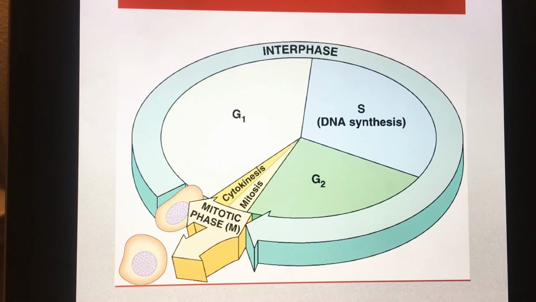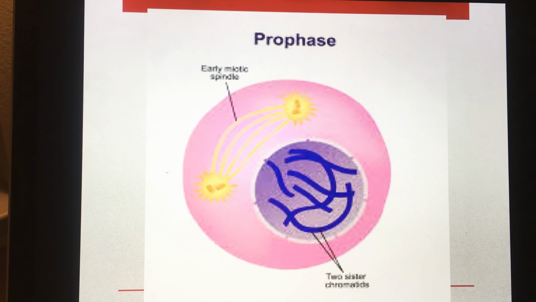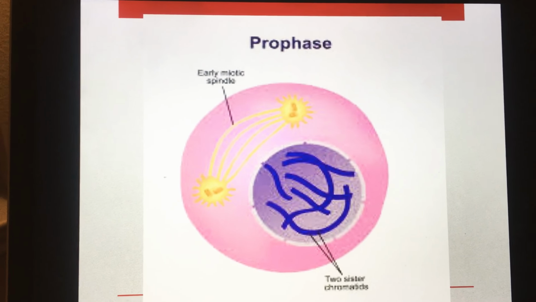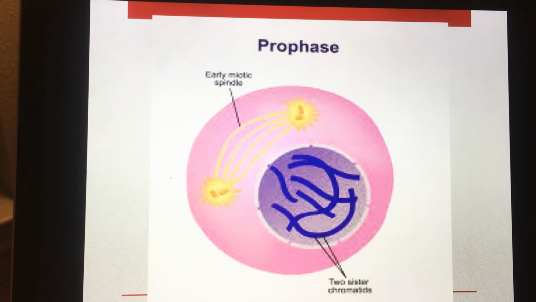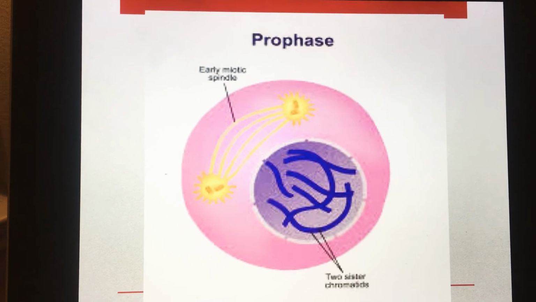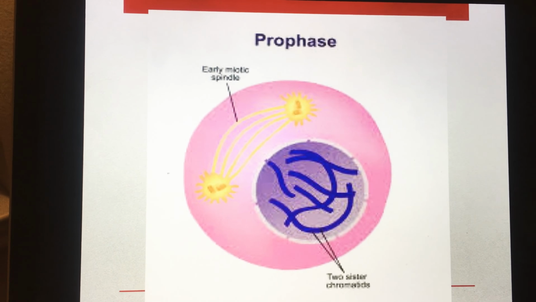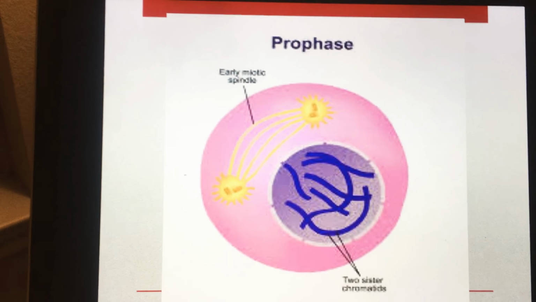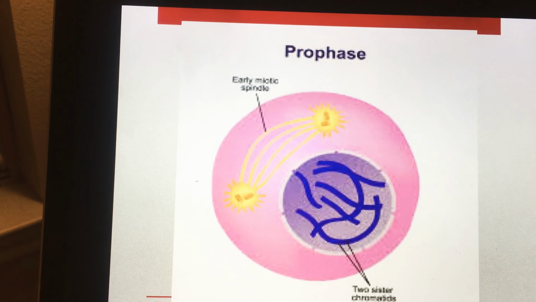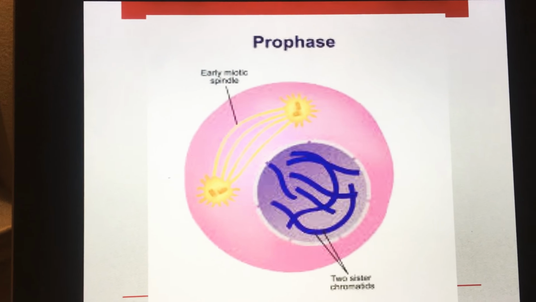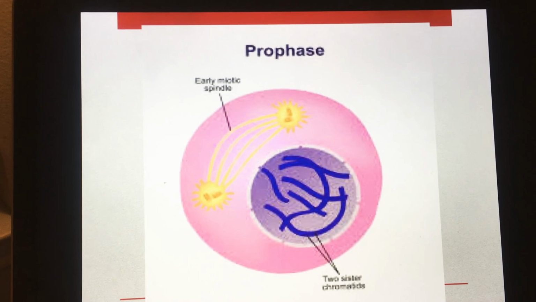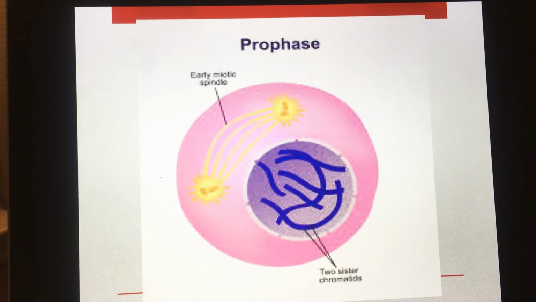Mitosis results in two daughter cells. It consists of prophase, metaphase, anaphase, and telophase. The first phase, prophase, has chromosomes condensed and appearing as two sister chromatids held together at the centromere. The cytoskeleton disassembles as the spindle begins to form.